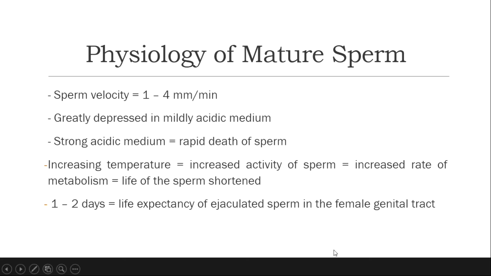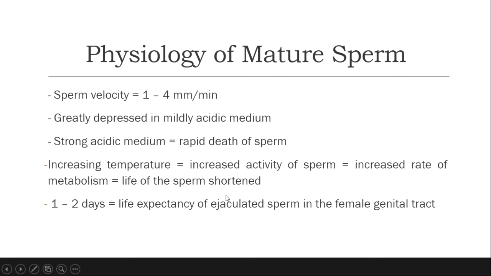So yung mitochondria na yun kasi limited lang kasi yung energy na stored dun sa sperm cell. So pag may increased temperature tayo, magkakaroon ng increased activity. So mas mabilis maubos yung energy stored dun sa mature sperm. Kaya yung lifespan niya mag-shorten.